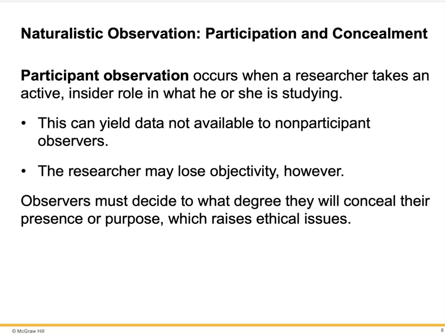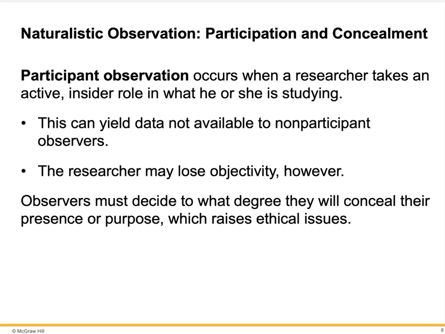Okay, so because participant observation allows the researcher to observe the settings from the inside, he or she may not be able to experience events in the same way as natural participants. And so the decision of whether to conceal one's purpose or presence depends on both ethical concerns and the nature of the particular group and setting being studied.